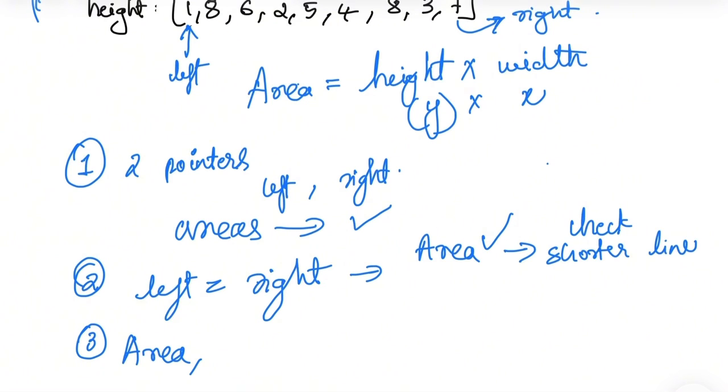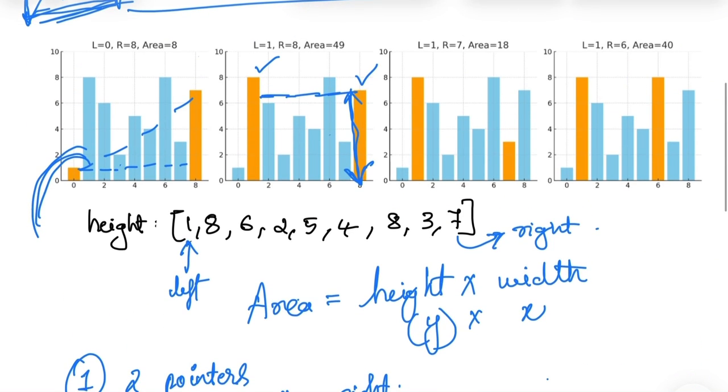If the left side is shorter, what do we do? Consider the first scenario: this is the left and this is the right.